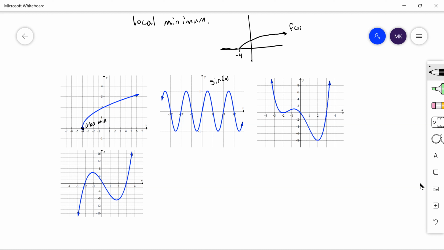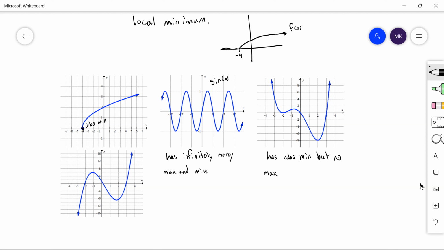If you look at our next function, we have some even degree polynomial, so both ends go up. This, we'll say, has infinitely many max mins. This has an absolute min, but no max.